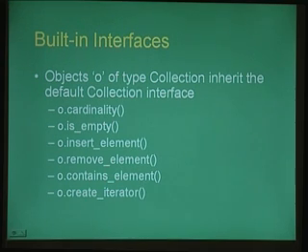Then it supports insert element, where you can add an object into a collection, remove element, where you can remove an element from a collection, contains element, for searching for a particular object, and creating iterators. We will come to iterators soon, what exactly is meant by an iterator and what its uses are.